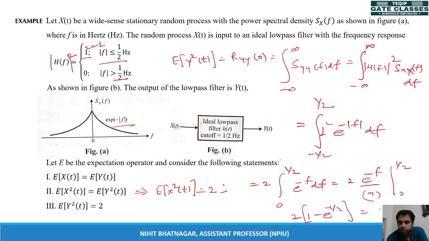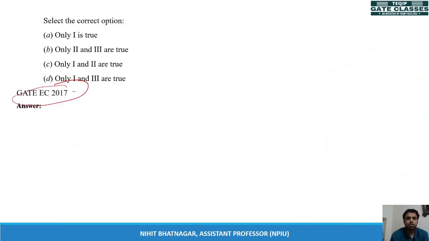After solving this, you will get 0.786. So expectation of Y squared is equal to 0.786. This option is eliminated, and this is also eliminated. So the correct statement is only statement 1, and the correct answer of this question is option A. Only 1 is true.